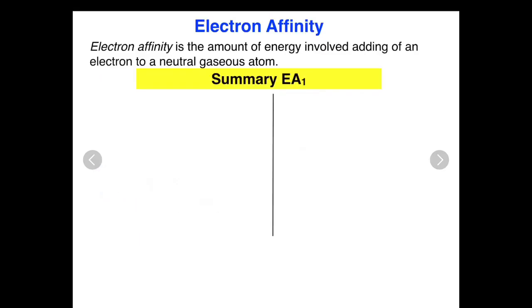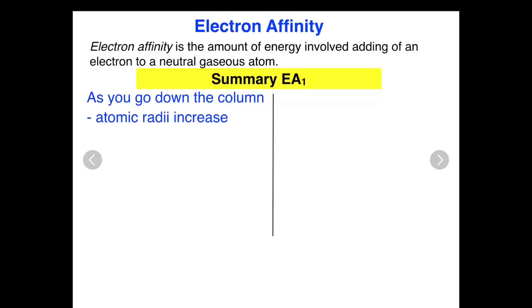The trend of the electron affinity can be predicted using atomic size also. There are two things we're going to take a look at. The first trend is going down the column, or down the group, on the periodic table. As we go down the column, the atomic radii increase. Therefore, the atomic size increases, so if you want to add an electron, it is going to be harder, because the attractive force between the nucleus and the electron is weak since the atom is really big.